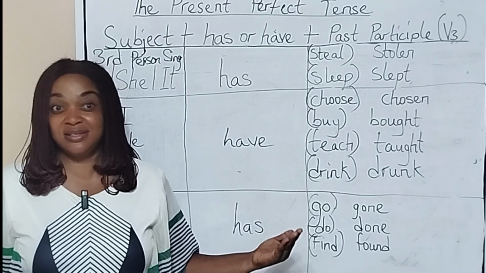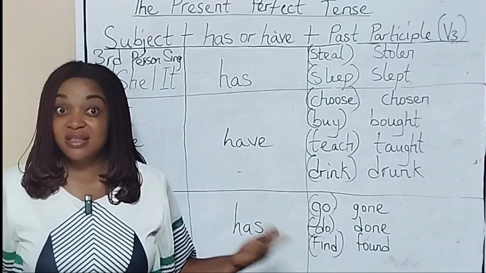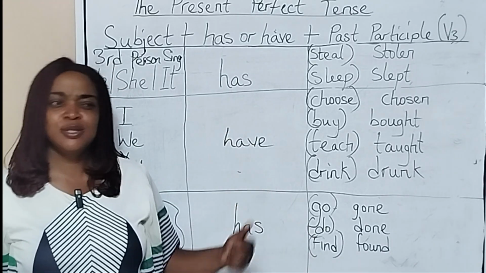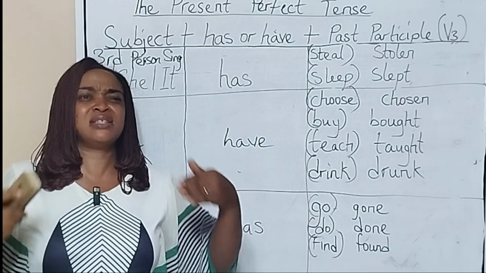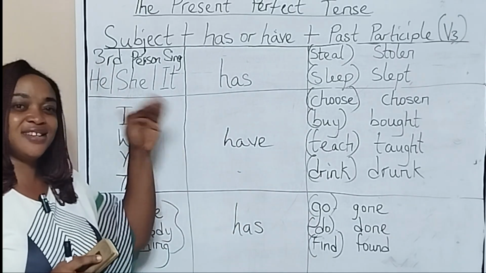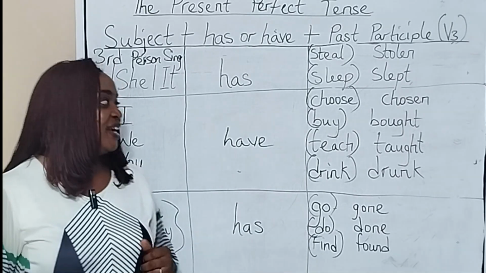So it doesn't matter if you're Jennifer, you would definitely take she. If your name is Cynthia, you would definitely take she. And if you're Michael, you would take he. So since we can't represent all the nouns, all the names, we can easily use he, she, it to represent them. Does that make sense? All right, let's go ahead.